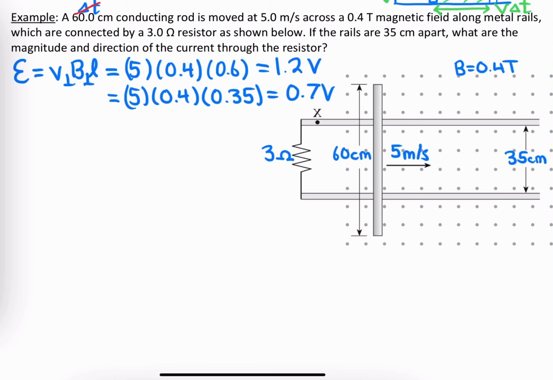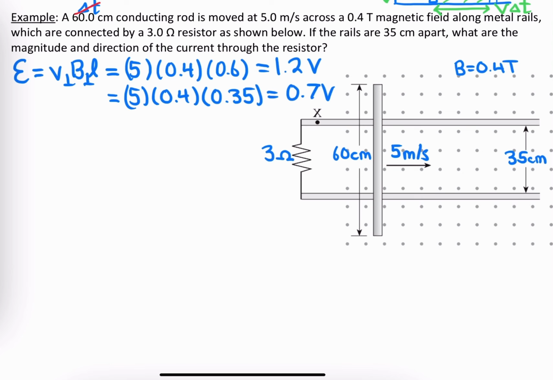Okay, so let's think about this. If I use the whole length of the conductor from the top to the bottom, I get 1.2 volts. But if I just use the part of the conductor that's between the rails from here to here, I get 0.7 volts. So which one's relevant to the problem I'm trying to find?